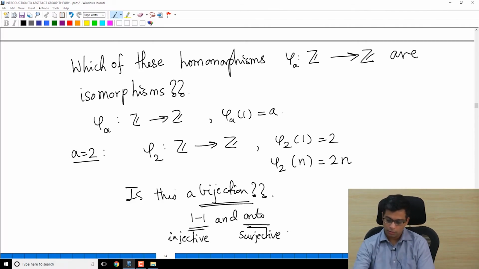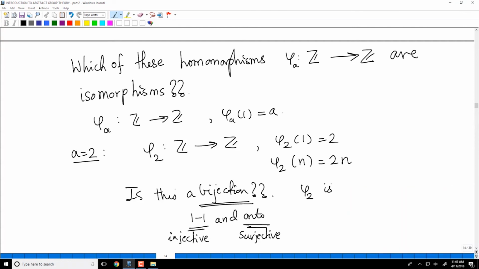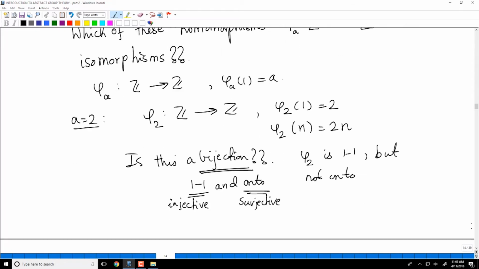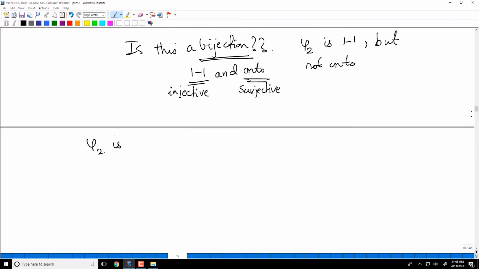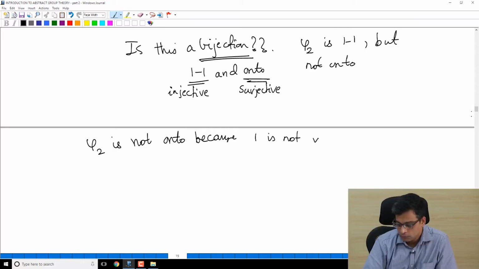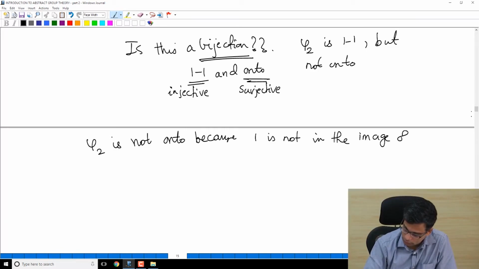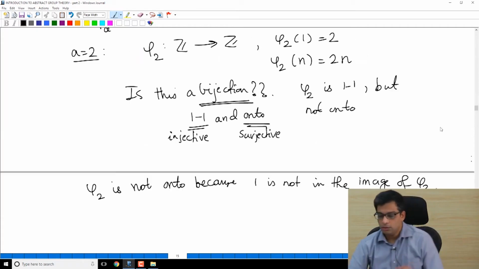Is it one-one? It is one-one but not onto. It's not onto because 1 is not in the image of phi 2, clearly, right?